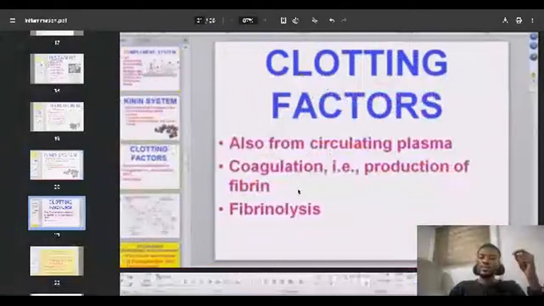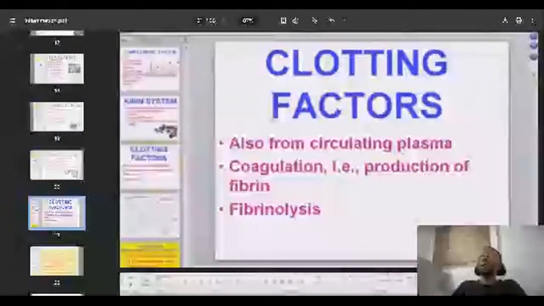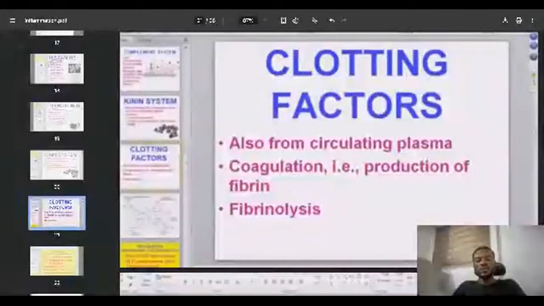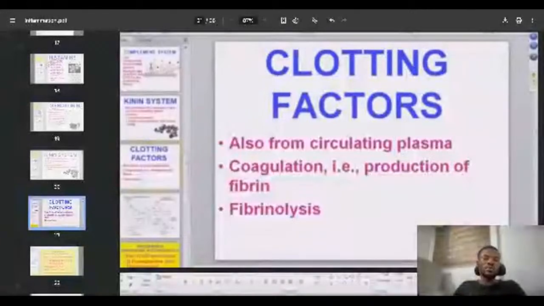We also have clotting factors. Why do you think that clotting factors are even important? So we mentioned that when there is an injury, there is vasodilation. That vasodilation is an effort of the body system, the organism, to slow down the speed, the hydrostatic pressure with which blood is what, circulating.